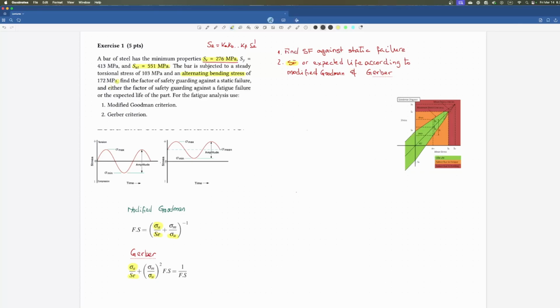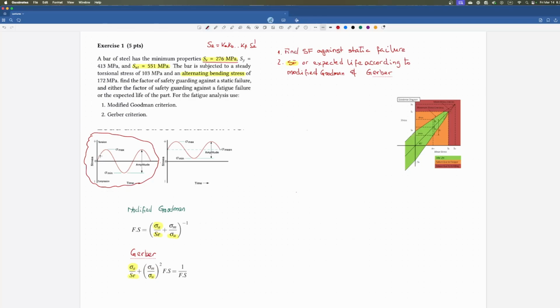Yeah. So when we talk about variable load, I've brought a couple of images here. So we see that if I have a bar under only alternating bending stress, it's going to look something like this. Yeah. So the stress is going to go to one maximum, then goes to a minimum, where the zero line is going to be the mean of that alternating stress.